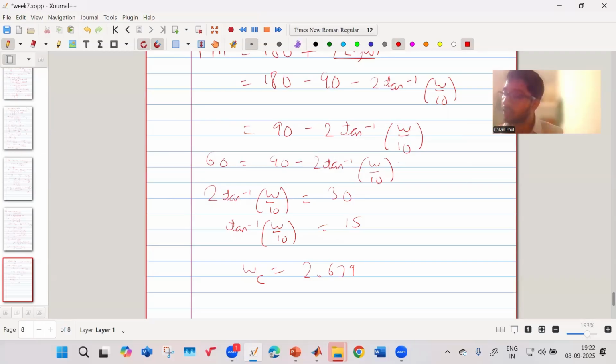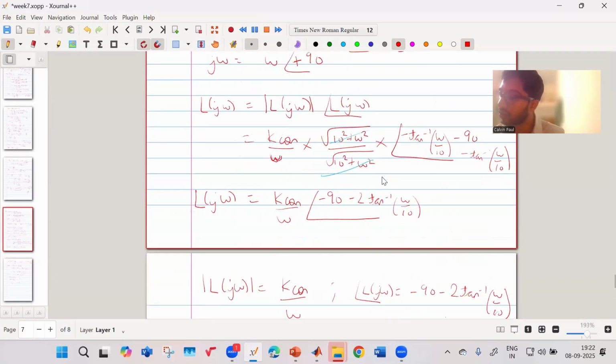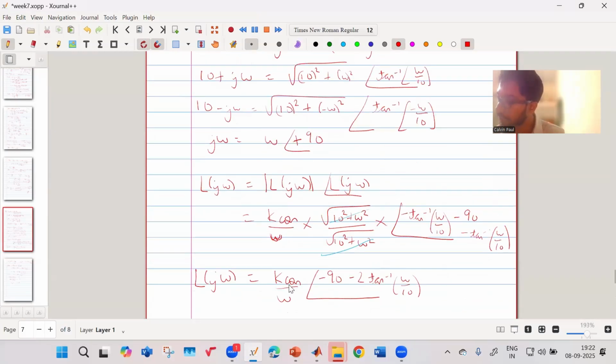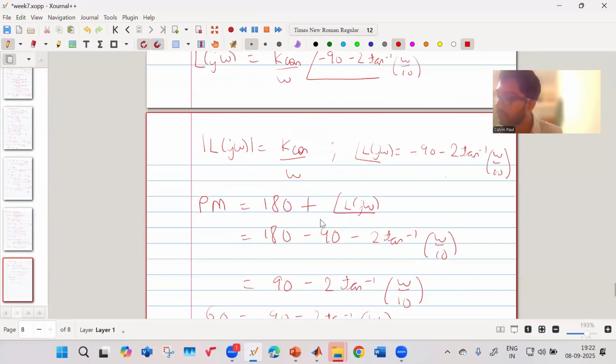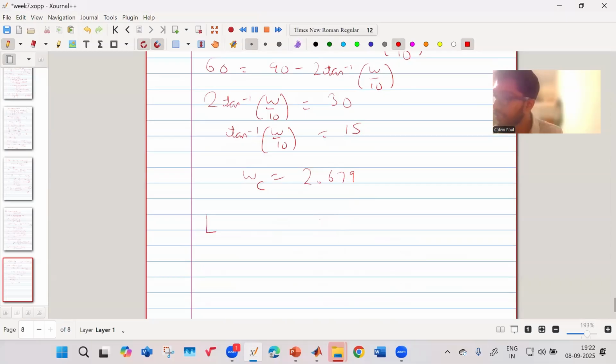Now what is left for you to design is your K controller. You know the magnitude of L(jω_c) at the crossover frequency is equal to 1. So that is given by K controller by ω_c equal to 1. So this implies your K controller is equal to 2.679.